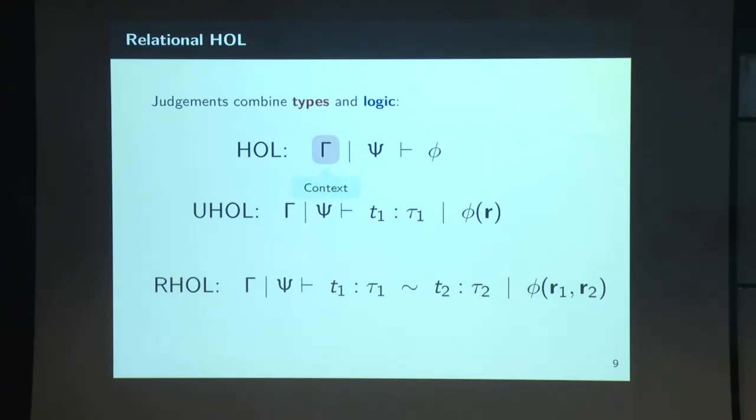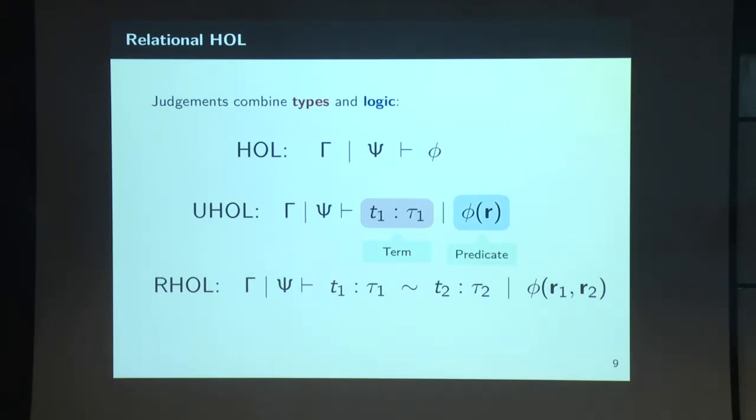First we have our HOL judgment. We have some context containing term variables, an assertion context over these term variables, and then a predicate that we prove. Over this, we build what we call Unary HOL, or UHOL for short. We have the same context and the same assertions, and then a distinguished term that we type, and for which we prove some property phi.